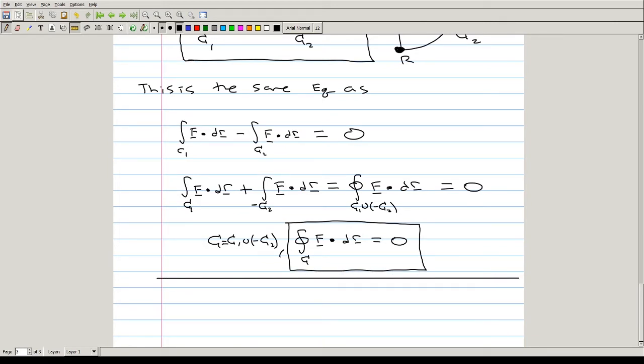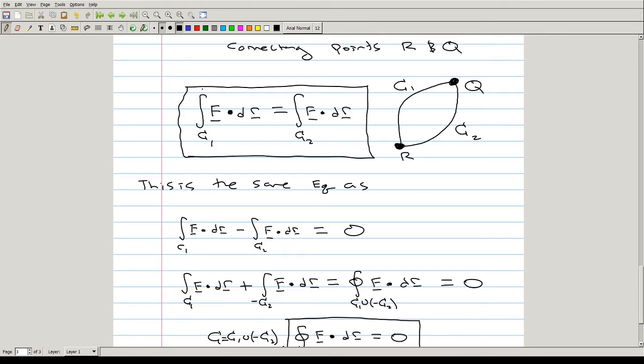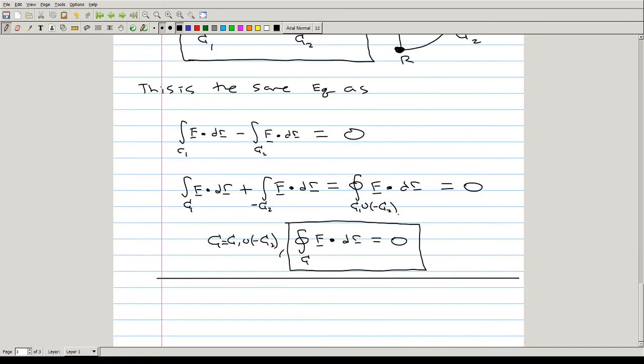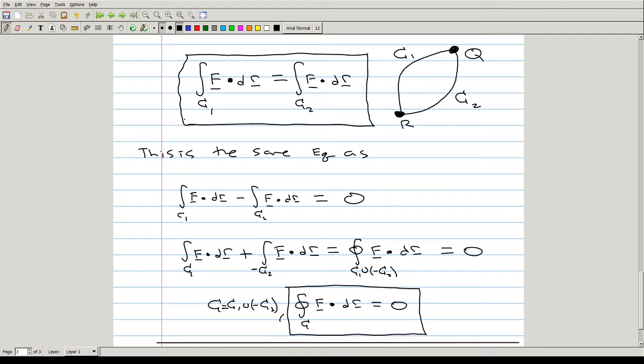So this statement that we've just shown is that if the line integral of a function f is path independent, then the line integral along any two curves has to be equal, which means that the line integral over the closed curve that you get by traversing the first curve once in this direction, and then traversing the second curve in the negative direction, and that's this, our C here is equal to C1 union C2.